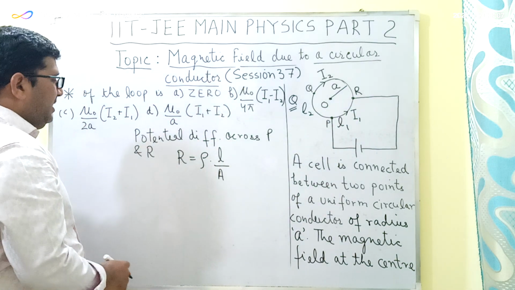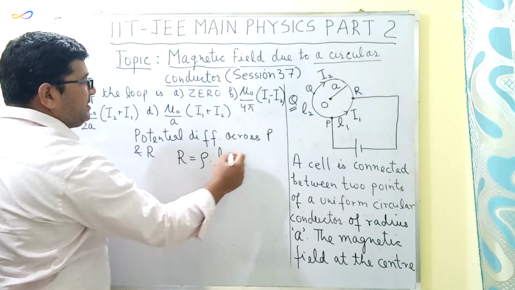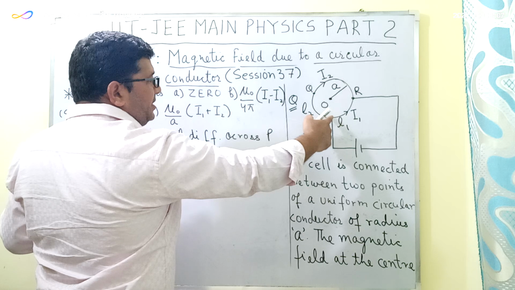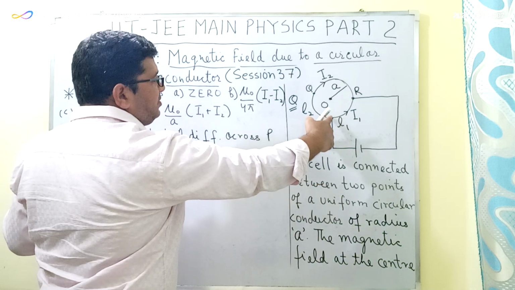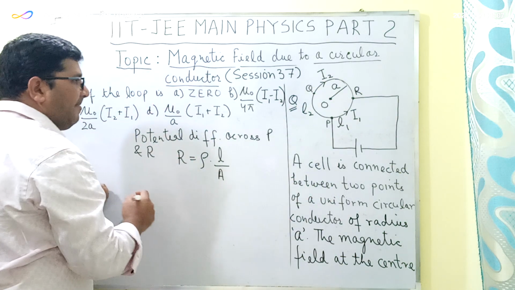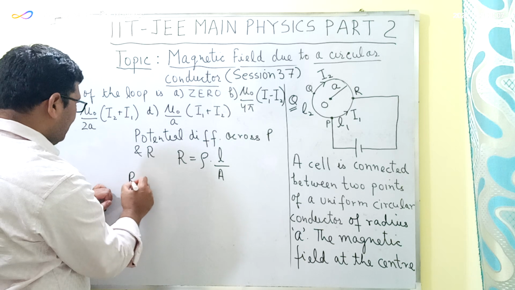So the resistance of the arc PQR of this circular conductor will be, say, R2.